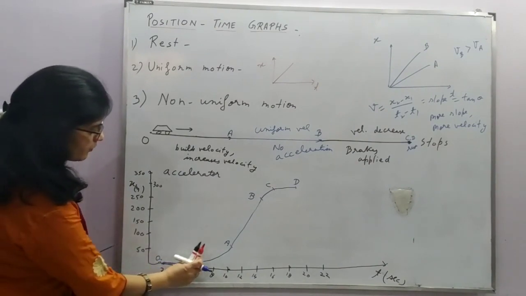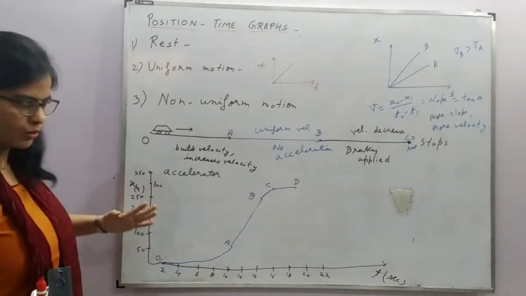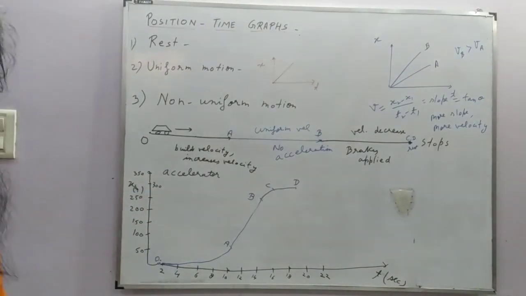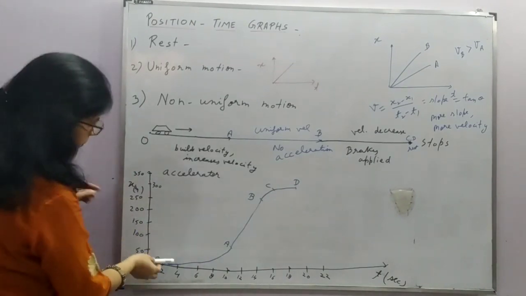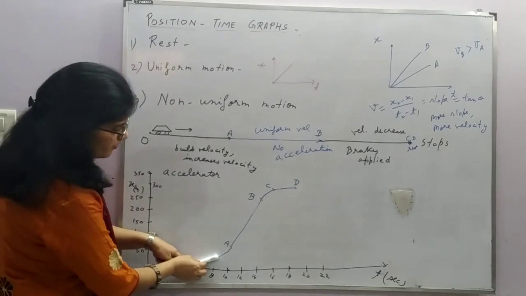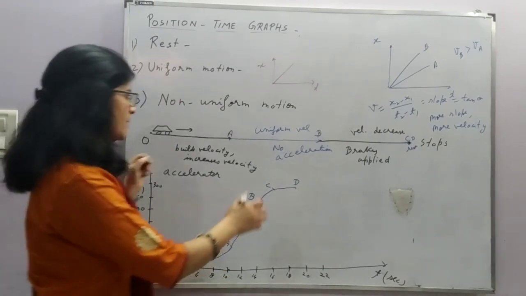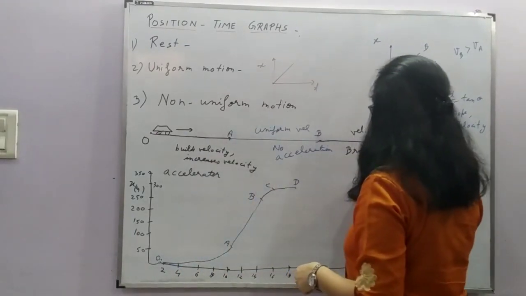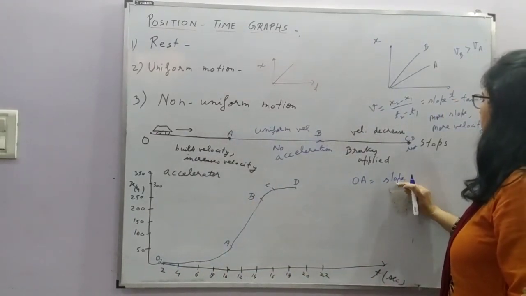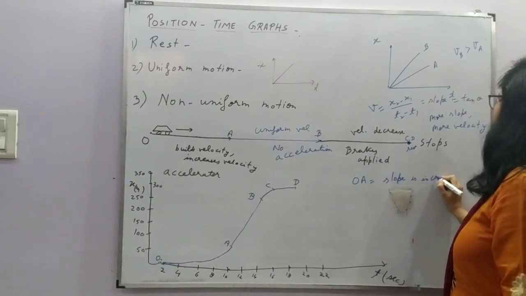The curve is formed of very small straight line parts. So I can consider the slope. If I consider the small slope, right? This small slope is less here. Here it is more. Here it is more. So during OA, the slope is increasing.